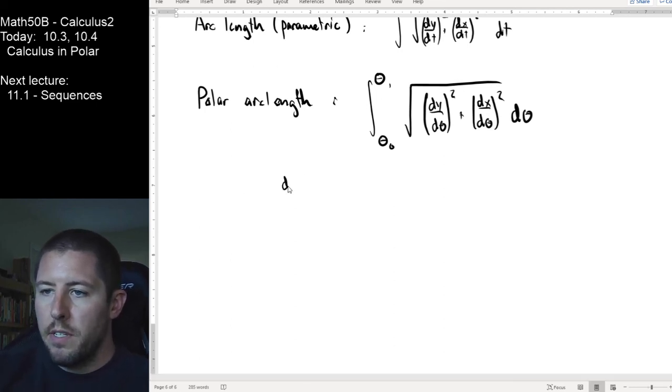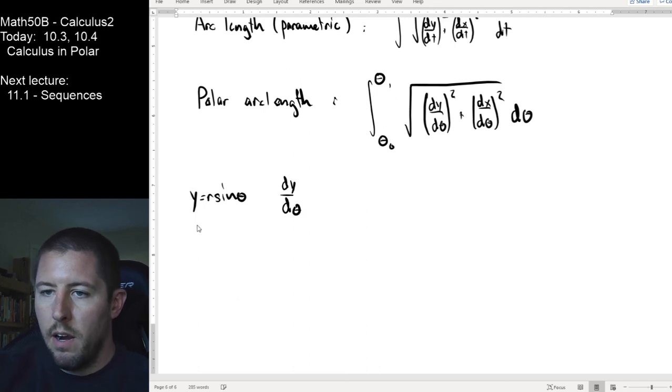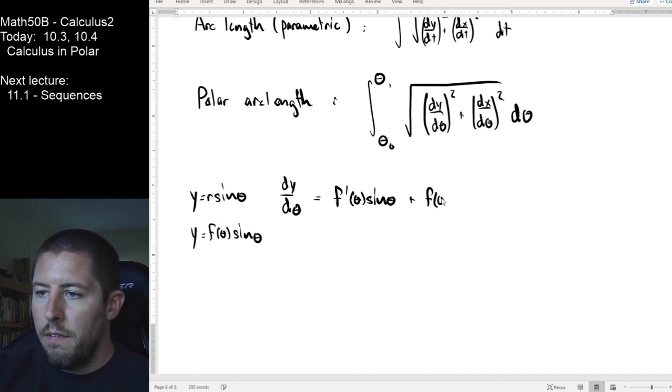So we previously already found dy d theta, when we have y equals r sine theta. Remembering that we're really thinking of this as f of theta sine theta, dy d theta should be f prime of theta sine theta plus f of theta cos theta.